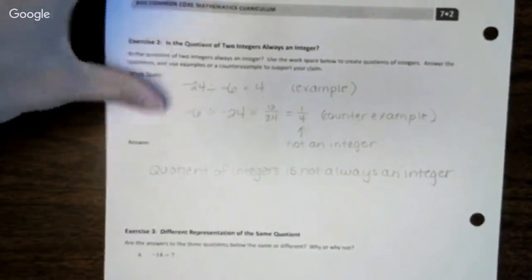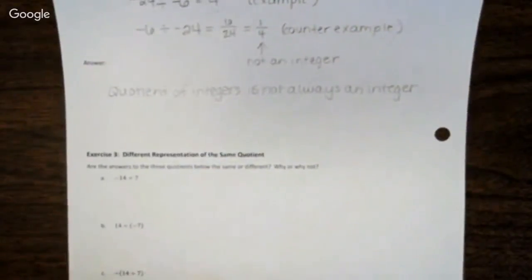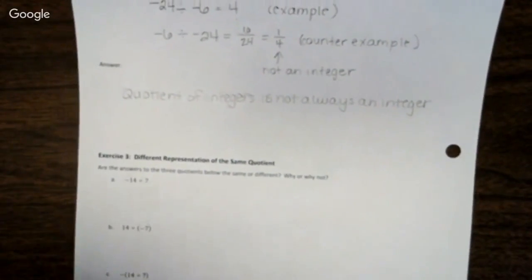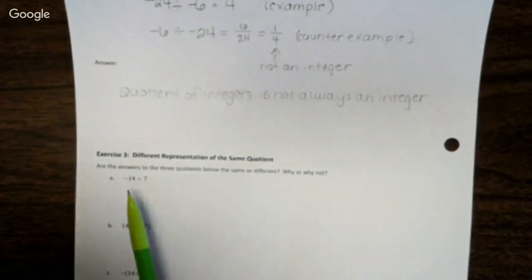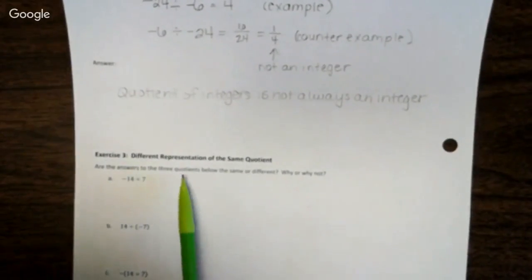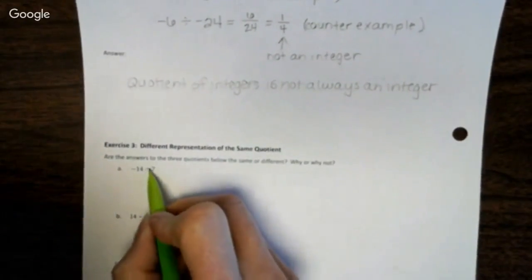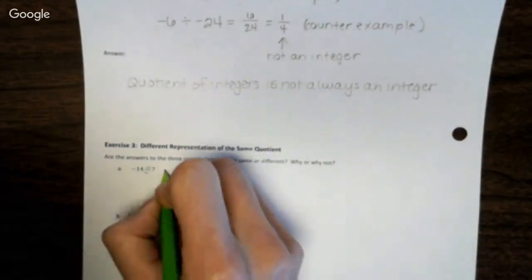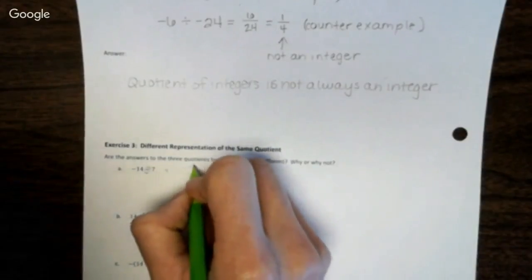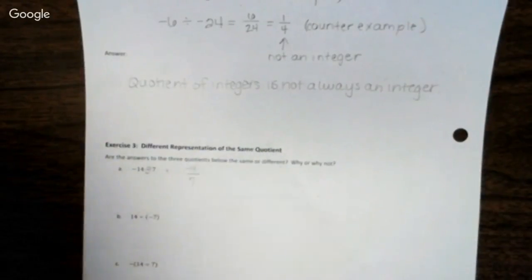All right, let's talk about something else that we're going to see when we are dividing. We talked a little bit about this earlier when we were talking about fractions, but I want to relate that to division. It says, are the answers to the three quotients below the same or different? Now, I have to remind you that division is the same thing as fractions. So this right here is negative 14 over 7.